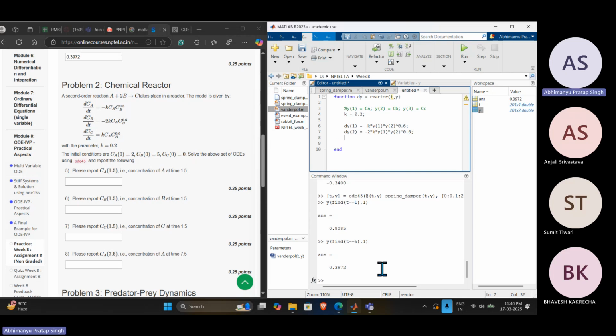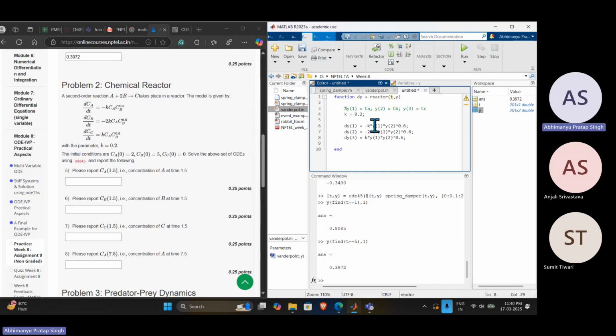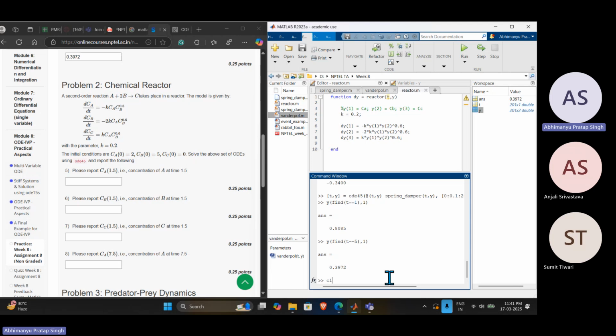And then we have dy3 is k times y1 multiplied by y2 to the power 0.6. Okay, so none of the reactions are dependent on the concentration of C. That is the output. Fine. So we will just save this. That's it. That's the function.